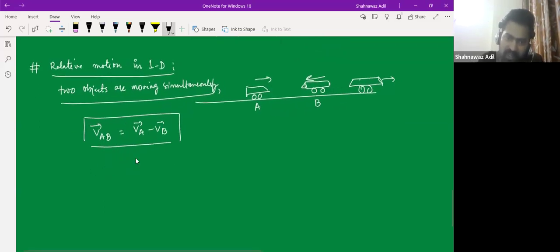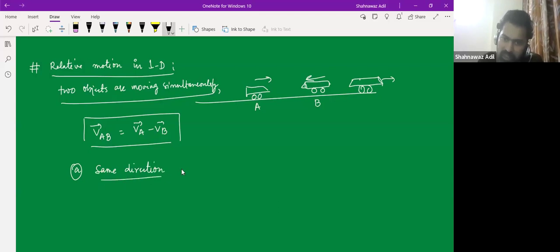And if they are moving, there are two scenarios. If they are moving in the same direction, for same direction, magnitude, I'm only writing the magnitude, this would be VA minus VB. So this is only the magnitude, right?